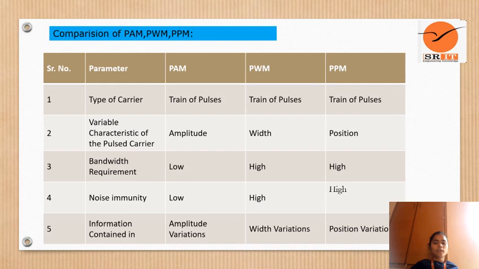Bandwidth of PAM is low, PWM is high, PPM is also high. Noise immunity of PAM is low, PWM is high, and PPM is also high. The information contained in PAM is amplitude variations, in PWM is width variations, and in PPM is position variations.